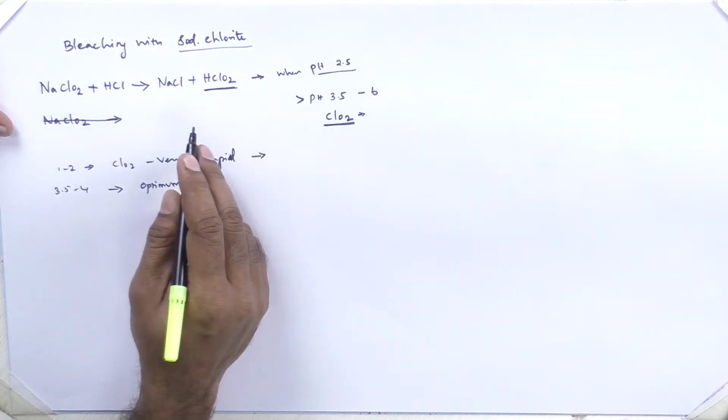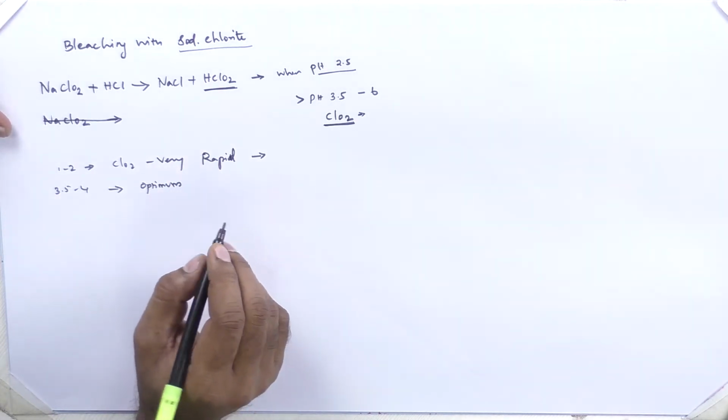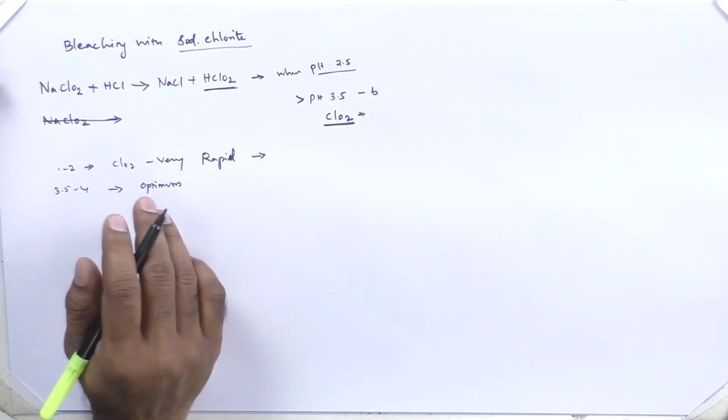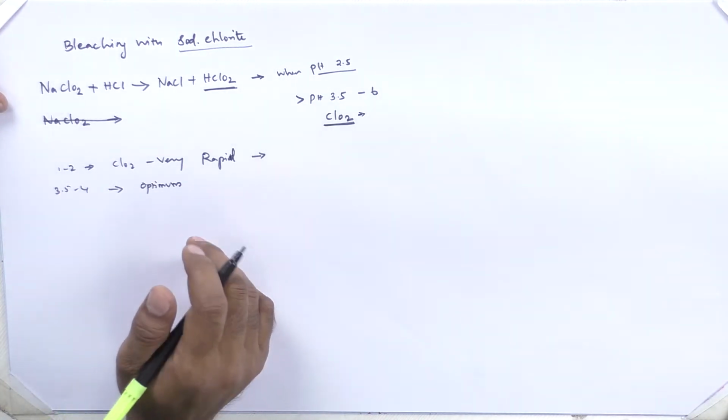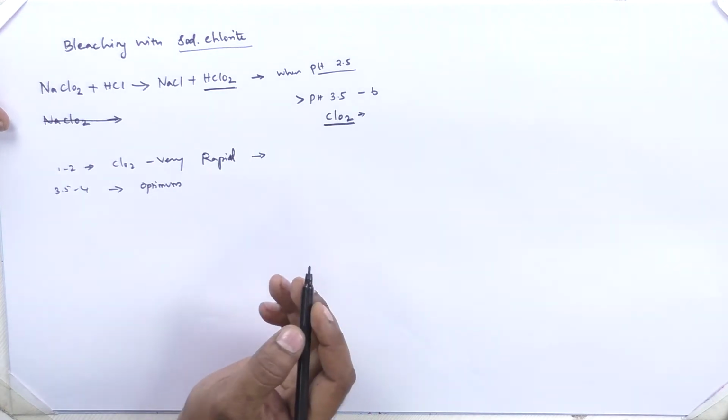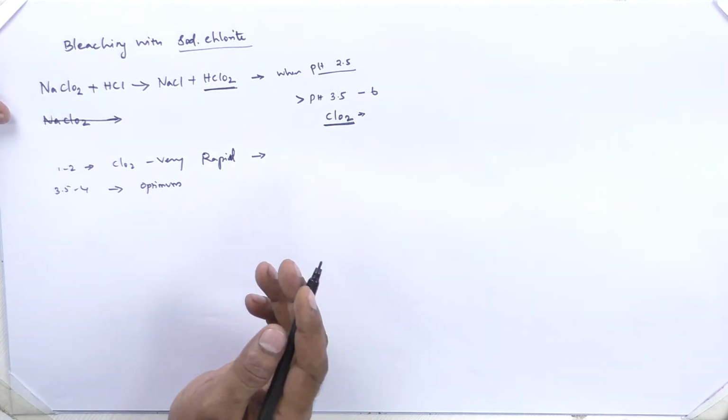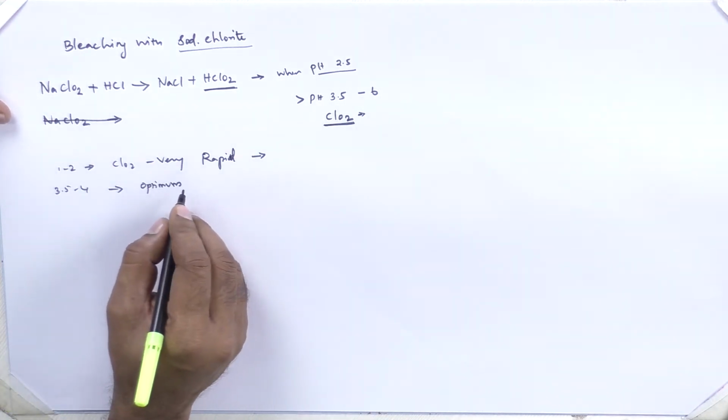Above this range there is a reduction in bleaching, and above 6 there is no bleaching, as it is stable in alkaline medium.